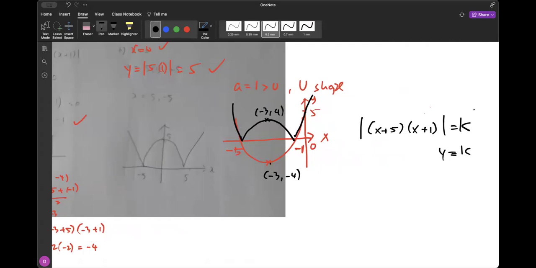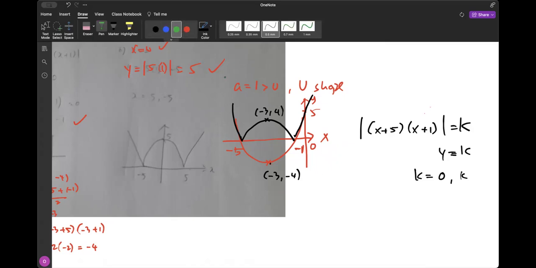Under what condition you will have two solutions? 在哪一个点它会有两个答案？What is the k value so that you have two solutions? Alicia? K is 0 and less than 5.